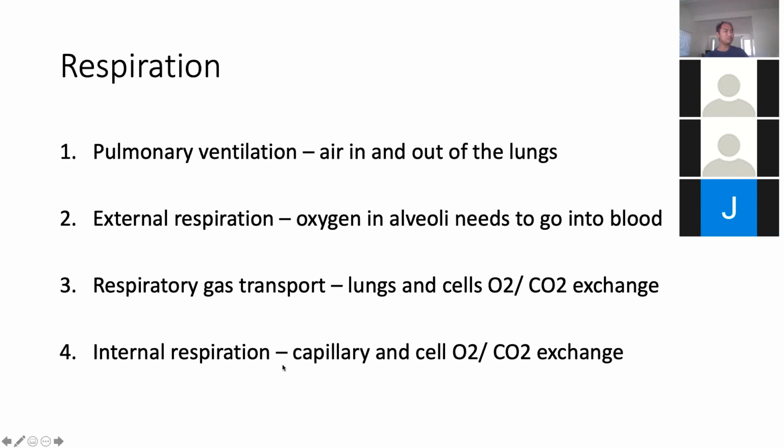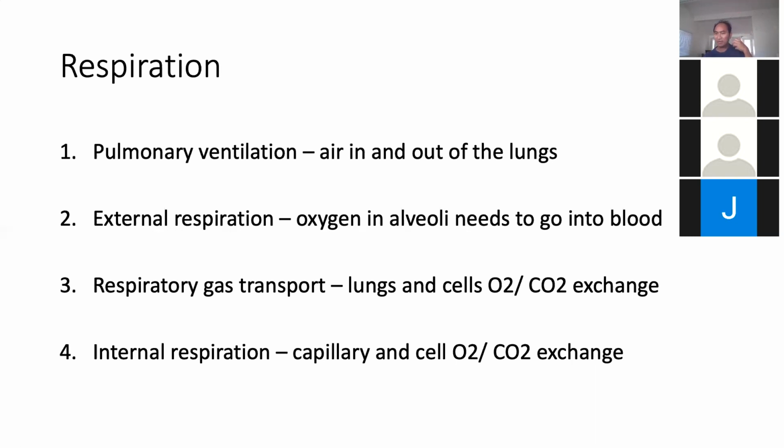And internal respiration means the oxygen from the blood will go into the cell. So oxygen will get into the cell. And then finally, cellular respiration: the cell mitochondria use that oxygen delivered by the blood and generate energy. That is cellular respiration.